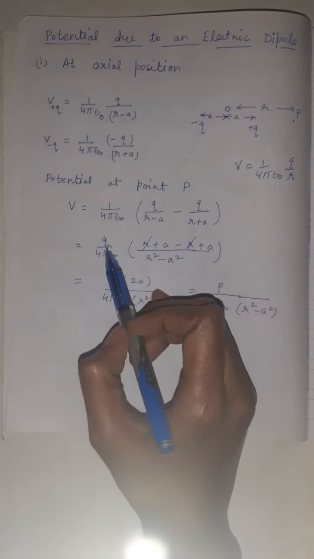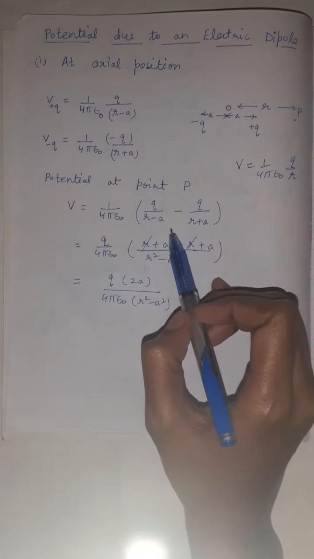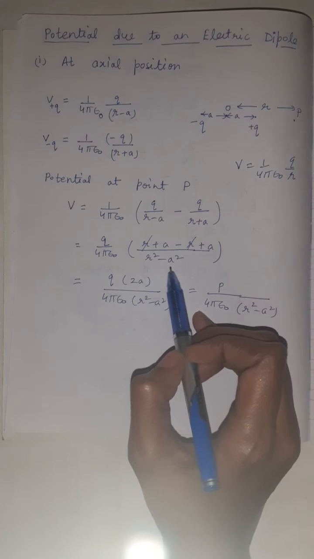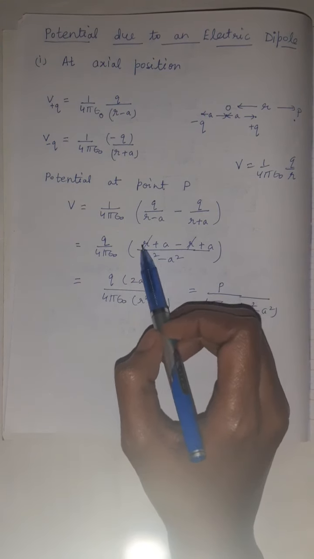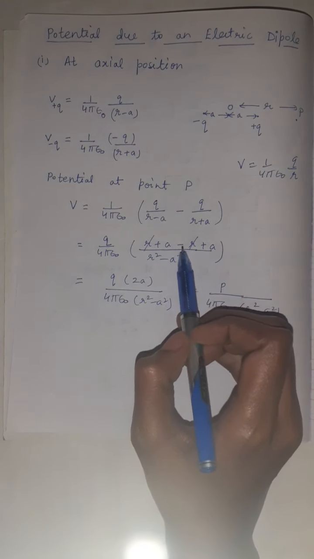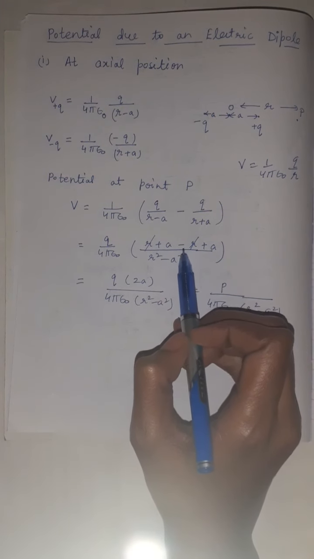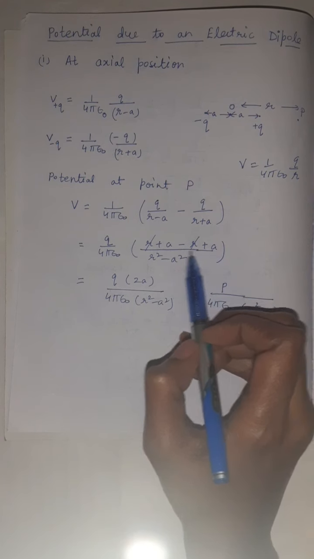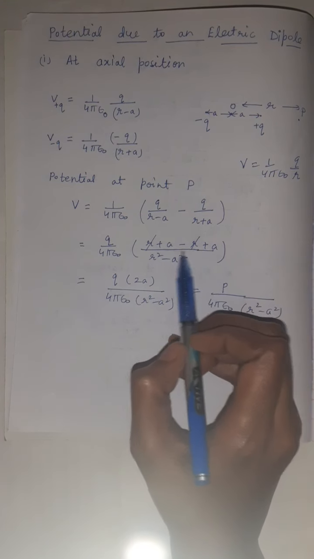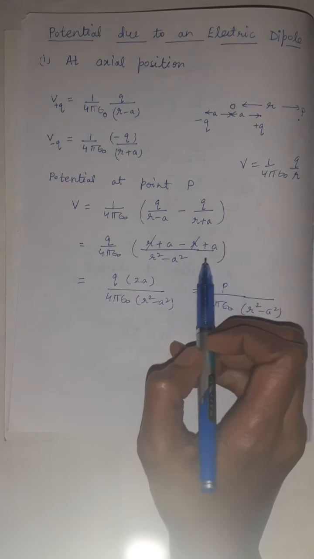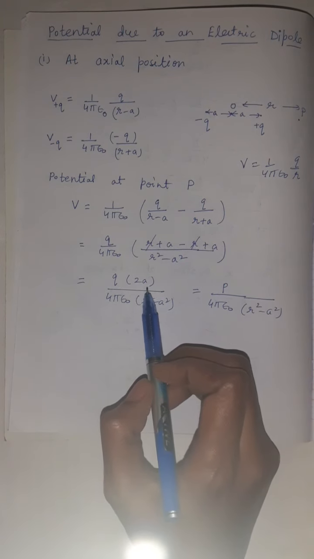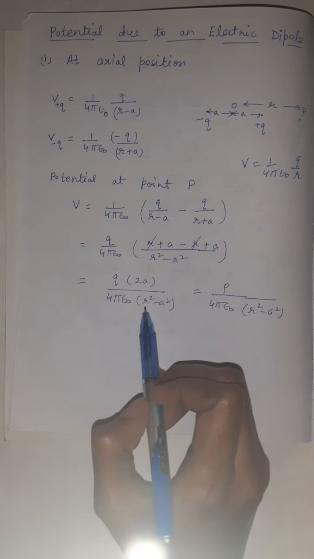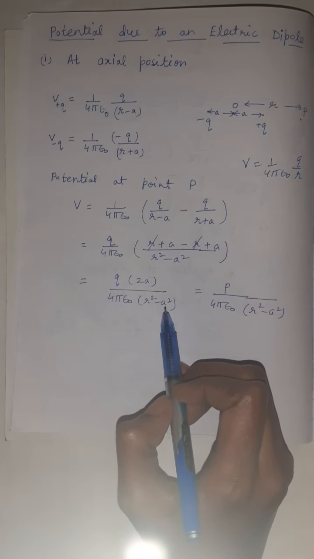So q is also common, we can take it outside, and when we solve these two fractions we take the LCM, which is r square minus a square, and here will come r plus a minus r minus a. So minus r minus a will become minus r plus a. So in this r will cancel out and a will add, so it will become 2a. So q into 2a divided by 4 pi epsilon naught r square minus a square.